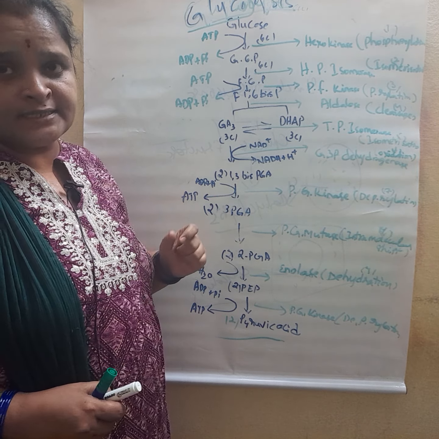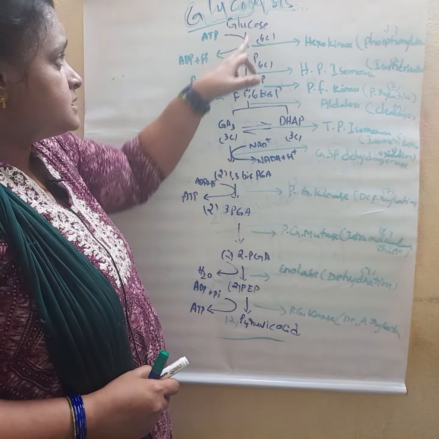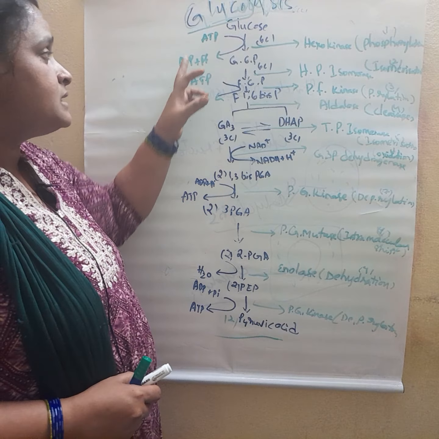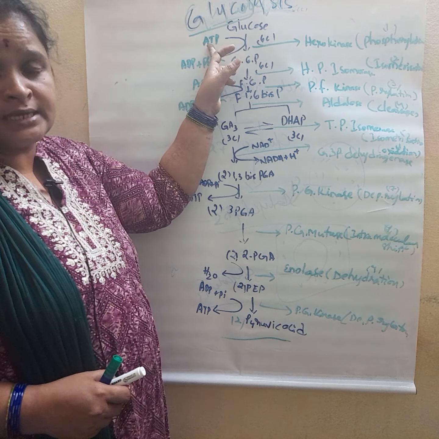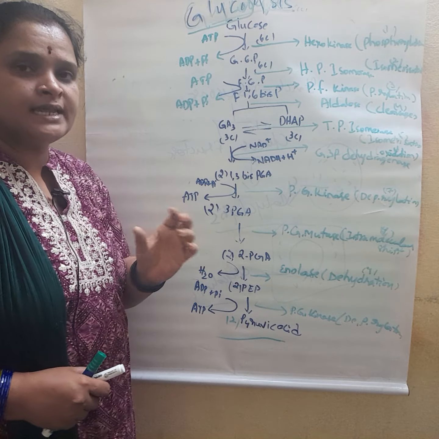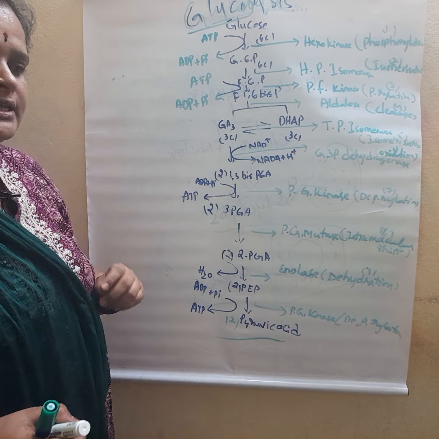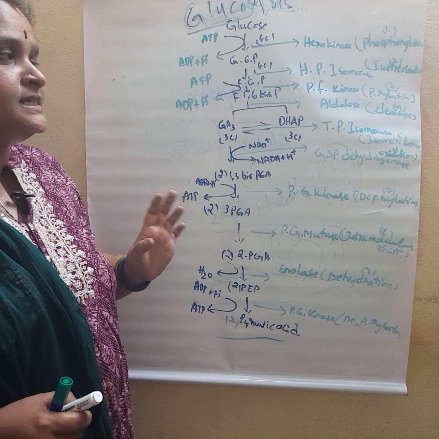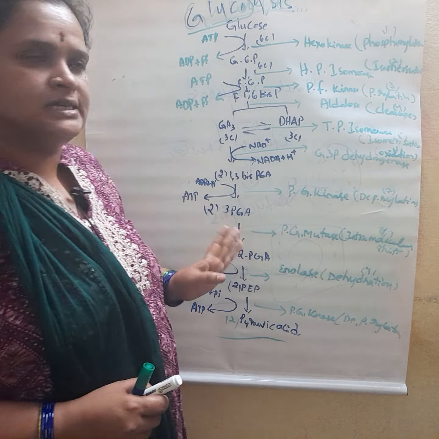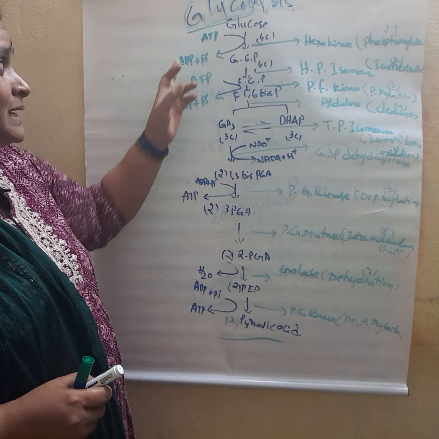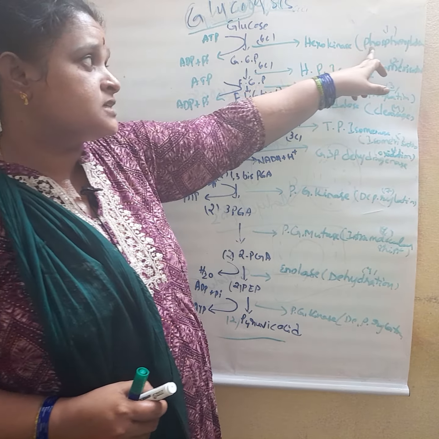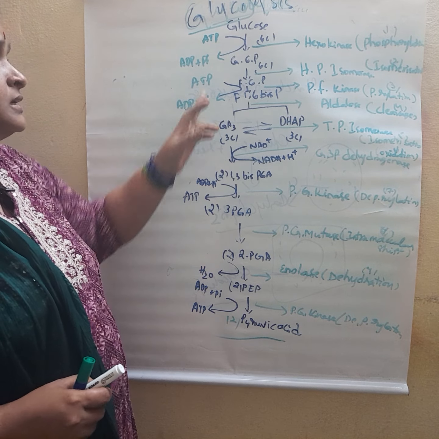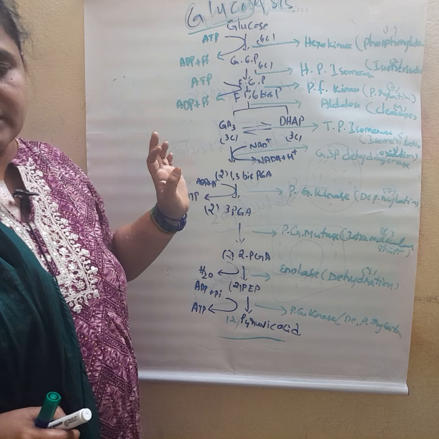Hexo indicates a 6 carbon compound; glucose is a 6 carbon compound, that's why it is called hexo. Kinase means ATP is utilized, that's why the enzyme name is kinase. Whenever there is ATP utilization, the enzymes are always kinase. Here phosphate is added, so the reaction is called phosphorylation. Okay, so this is the first step of glycolysis.